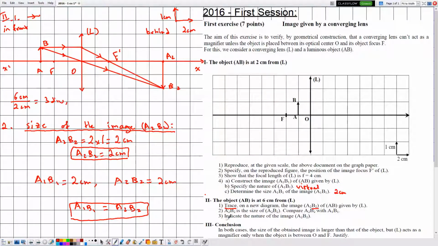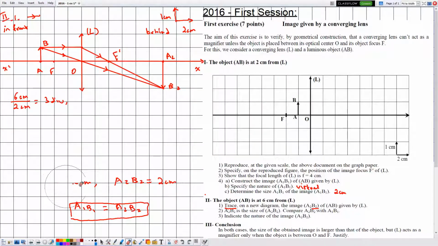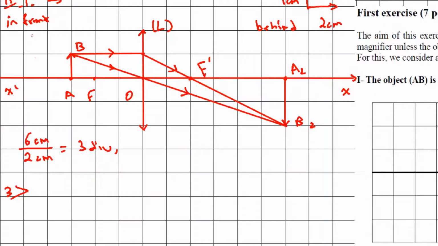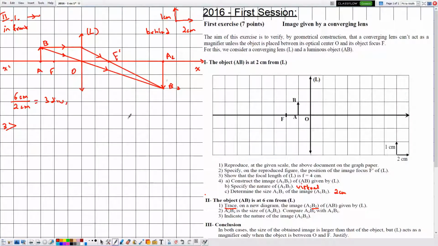Now in part 3 they are telling me indicate the nature of the image A2 B2. So notice that here the object AB is in front of the lens and the image A2B2 is behind the lens. Therefore, the object and the image are on opposite sides, which means that the image is real.